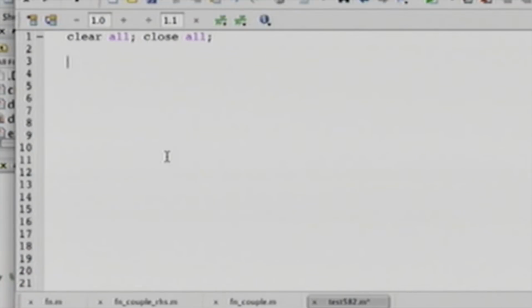So here we are. Clear all, close all. I'm going to define a domain of size about 20, and I'm going to decide on a number of Fourier modes. When I discretize this, it's not a continuum of frequencies, it is a finite number of them: 128.